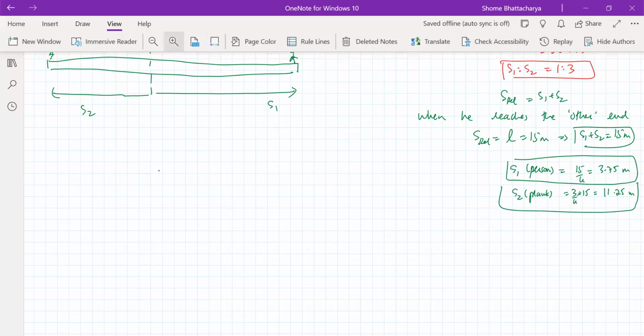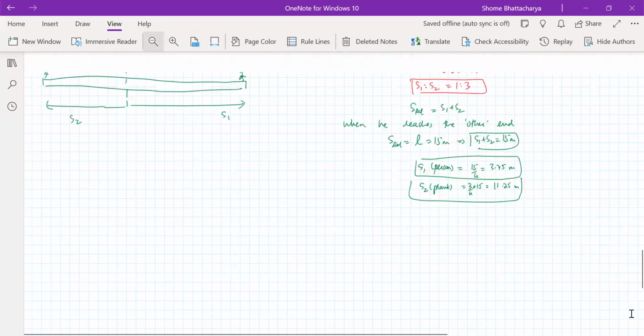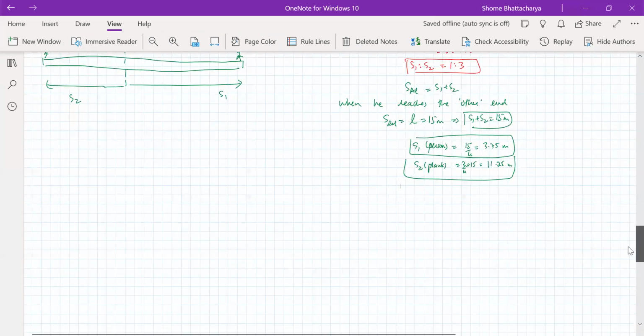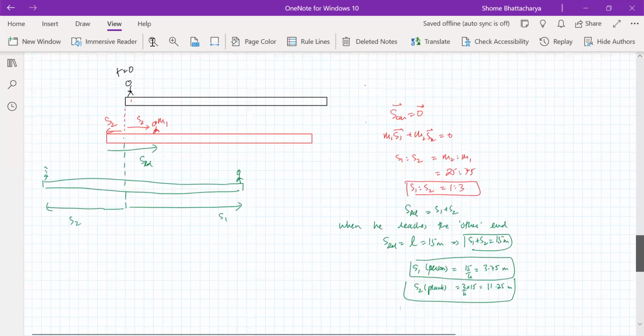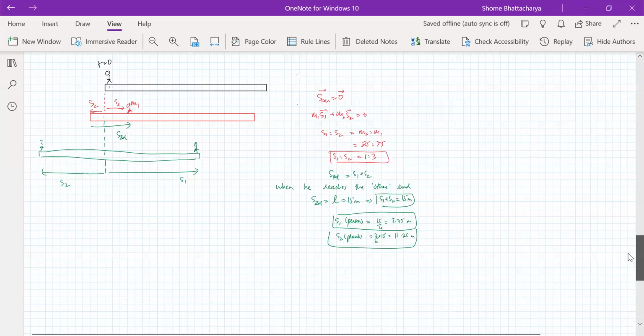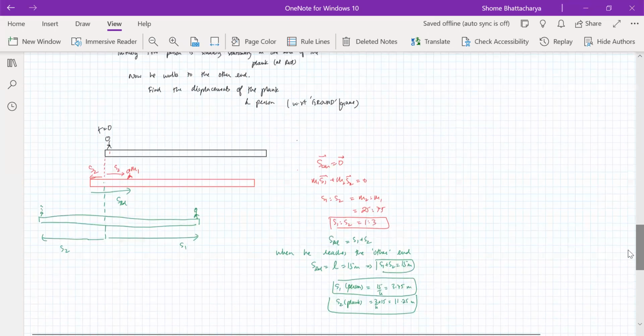That's correct. Okay, this part is all right. So what is written in the part where the displacement of the person is 15 by 4? Displacement of the person. Answer the green part. 15 by 4, better. See, 1:3 ratio, no? So this one will be 1/4 and that one will be 3/4. Right? Yes, sir.